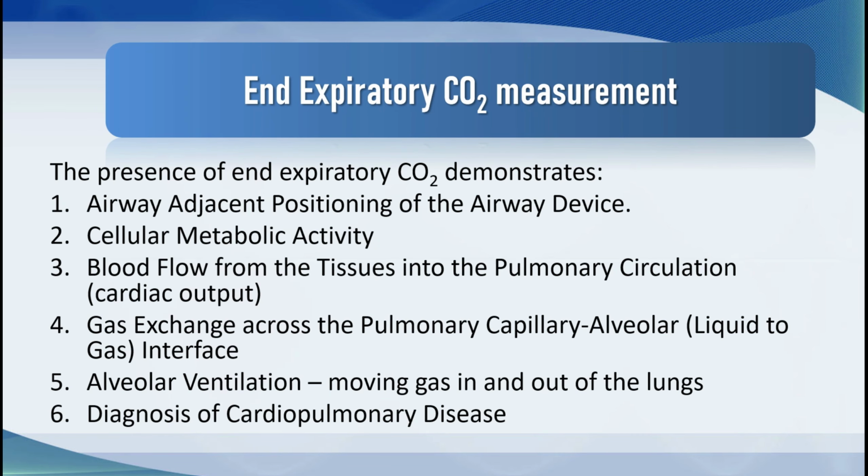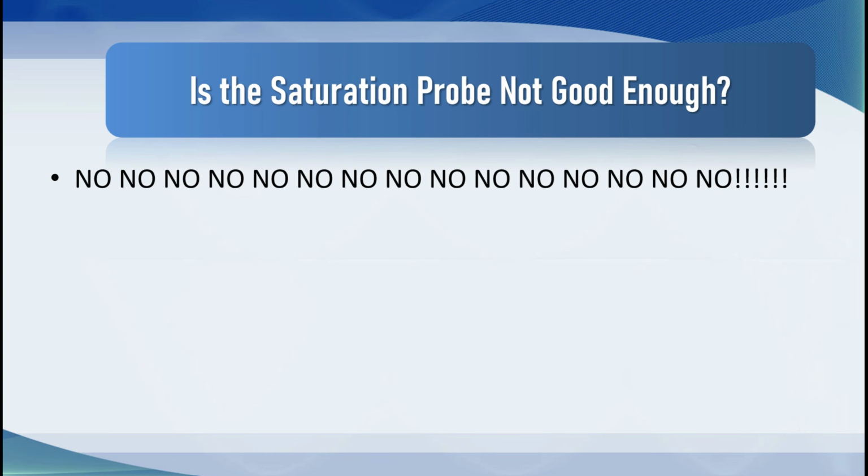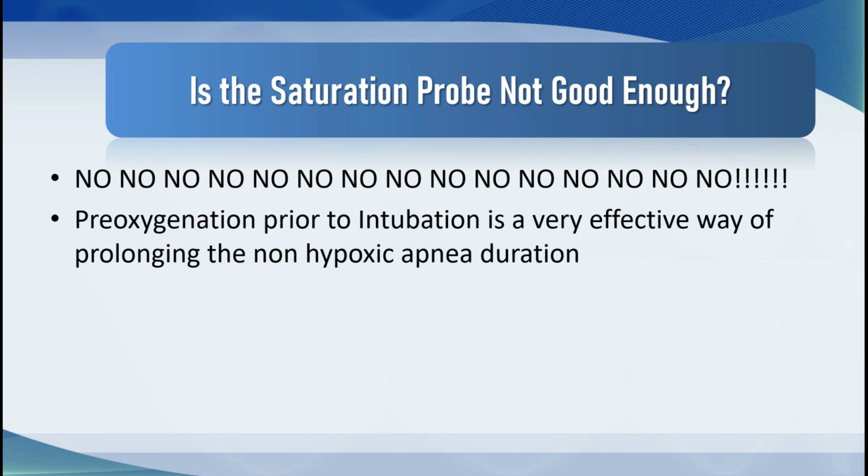Now, sometimes people ask me, is the saturation probe not good enough? Well, I will tell you this. If you put a tube in and don't measure CO2 and wait and see if the patient desaturates, you've made a gross error. The reason why is that pre-oxygenation prior to intubation is a very effective way of prolonging the non-hypoxic apnea duration.